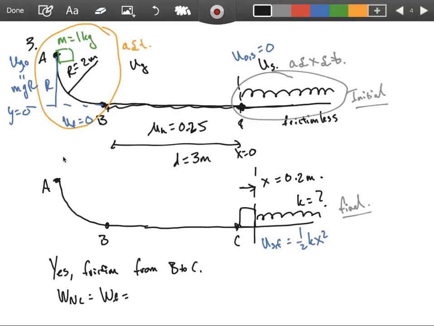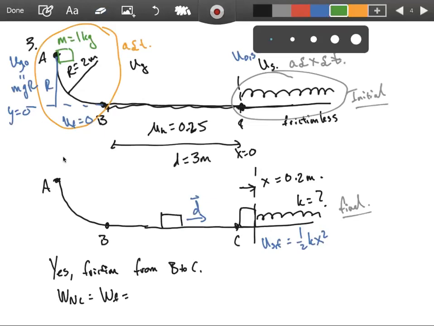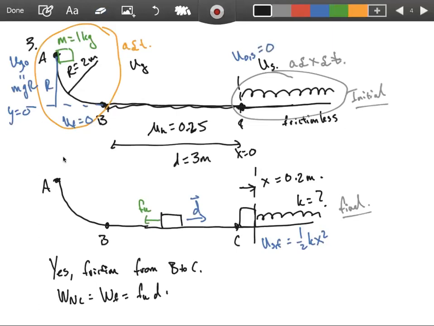In this case, let's draw an intermediate picture here. At this stage, our displacement is going to be in this direction, with my displacement d, and our friction force is going to be in the opposite direction. So this is simply equal to the friction force times the distance times cosine of 180 degrees. And it's the distance d because the friction acts over the entirety of this distance between B and C. Cosine of 180 is -1, so this becomes minus my friction force times the distance.